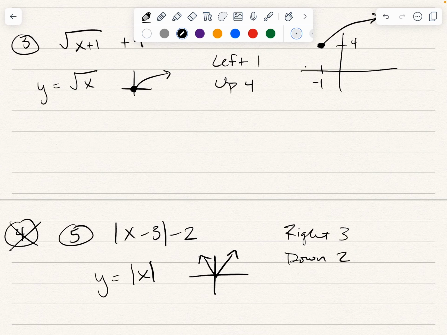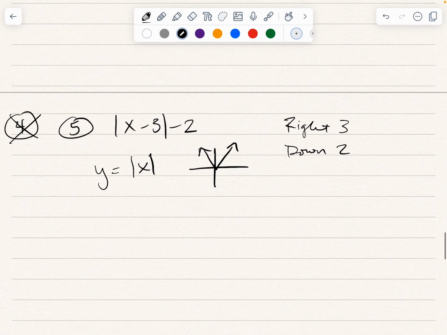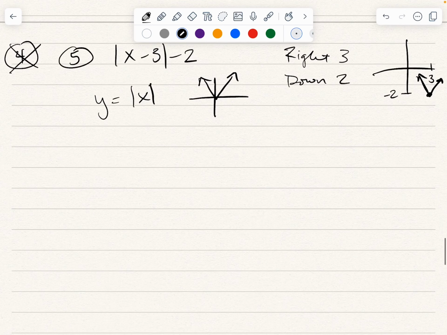So right 3 and down 2 with your vertex. So we should be at (3, negative 2), still with the same V shape there.